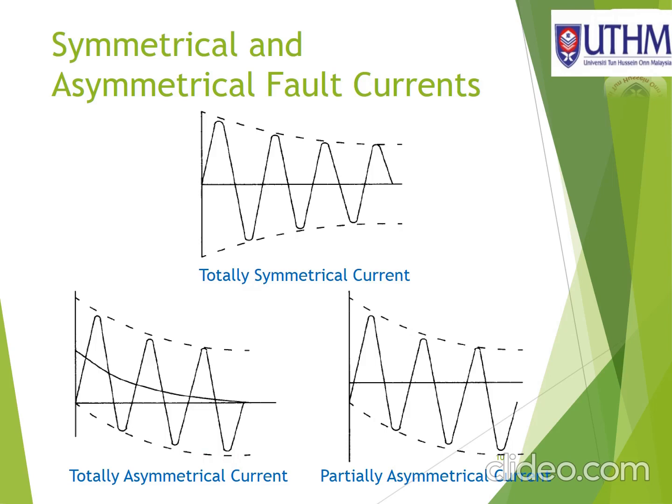For partially asymmetrical current, we can see this part is asymmetrical, but this one is symmetrical, and then this one is symmetrical, and this one is also asymmetrical with positive value. So it is partially asymmetrical.